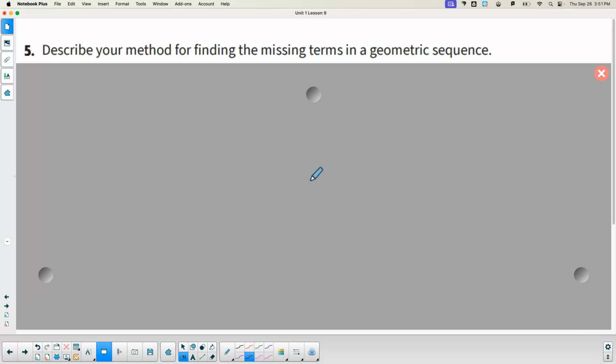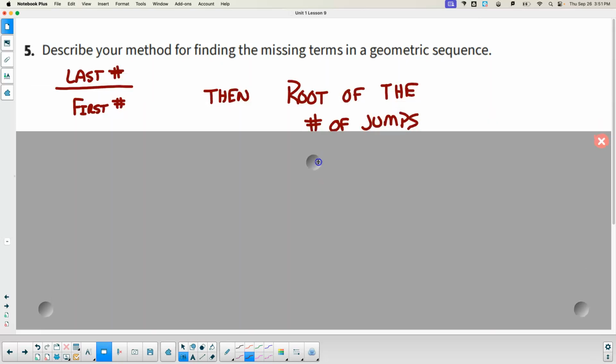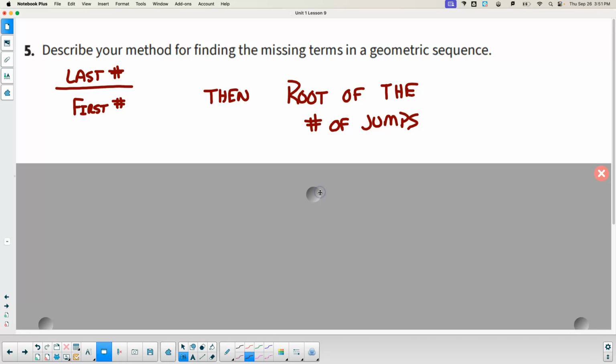Describing our method that we use to find our terms here. It's the last number divided by the first number, and then we take the root of the number of jumps of that number that we found. Last number divided by first number, and then roots of the number of jumps.